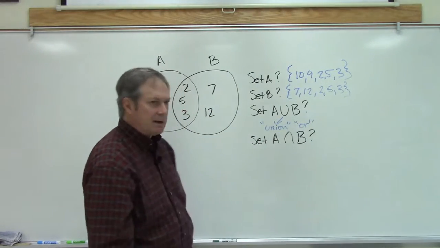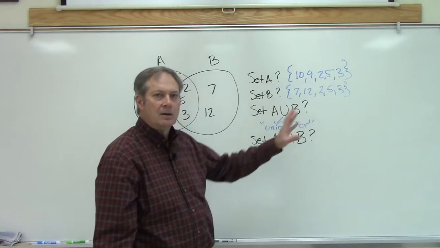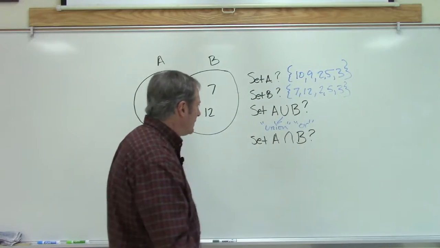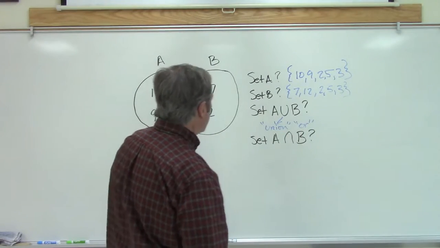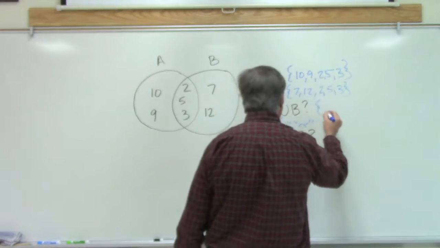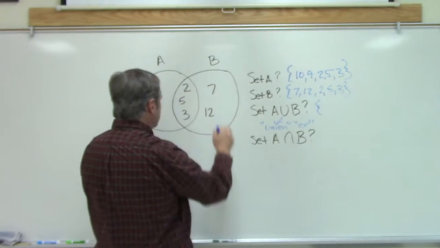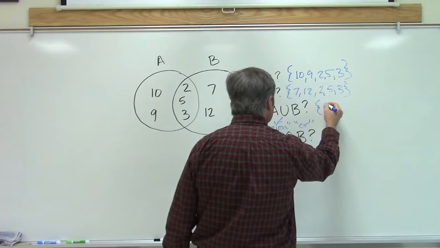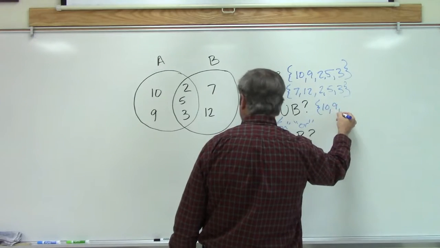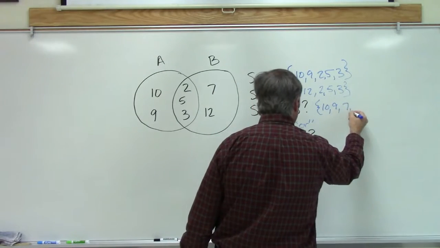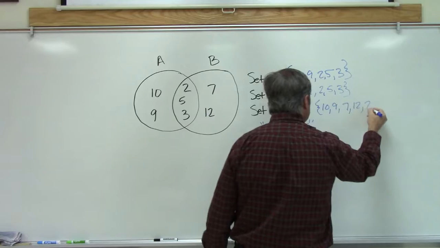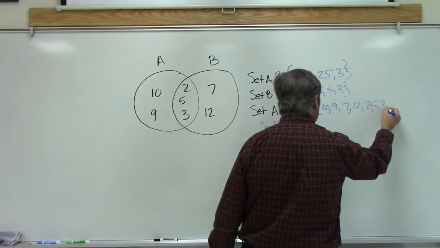What elements are either in A or they're in B? So in fact, it's all of these. They're either in this or the other. And so we write down 10, 9, 7, 12, 2, 5, and 3.